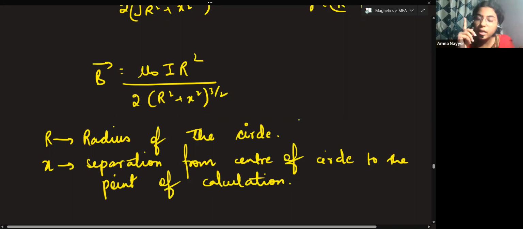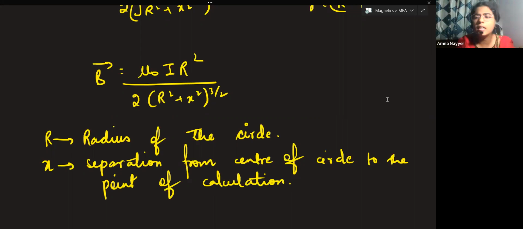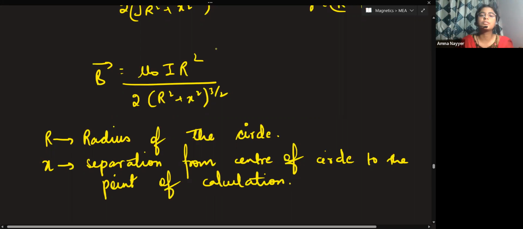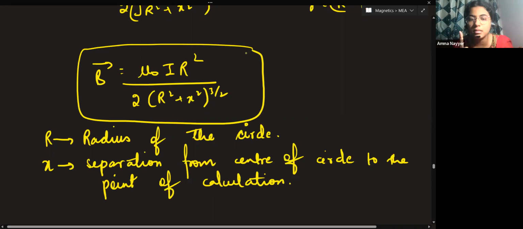X will be given to you in the question, R will be given to you in the question. Small r might not be given. That's why we didn't write our final answer in terms of small r. So this is the final formula for magnetic field at the axis.